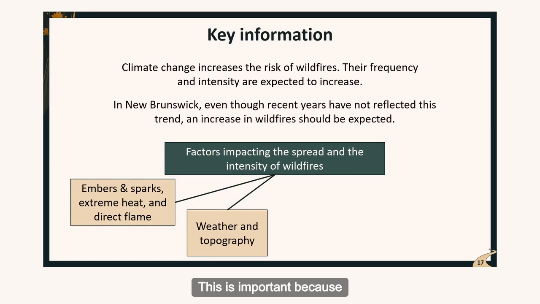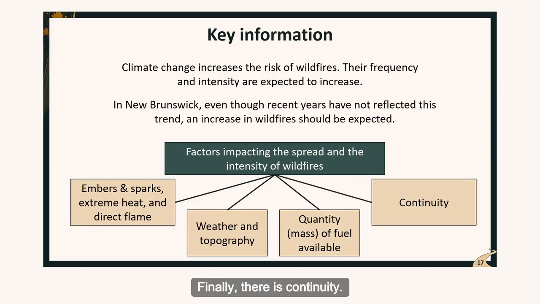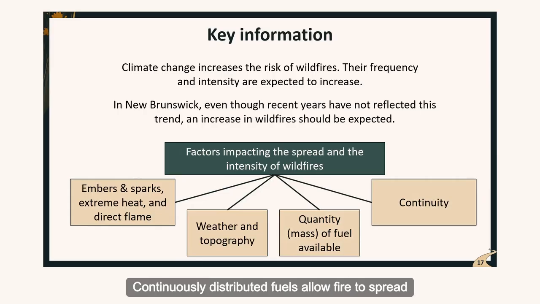This is important because wildfires travel faster uphill. Then there is quantity, the mass of fuel available, which is a key factor in how fires burn. Finally, there is continuity. Continuously distributed fuels allow fire to spread more quickly and to burn more intensely.